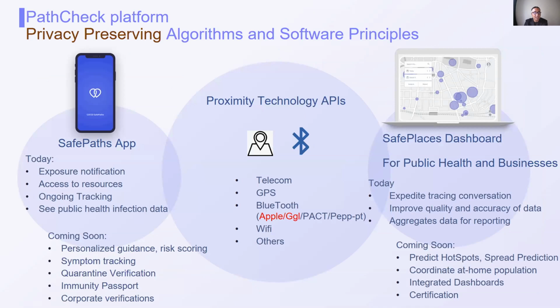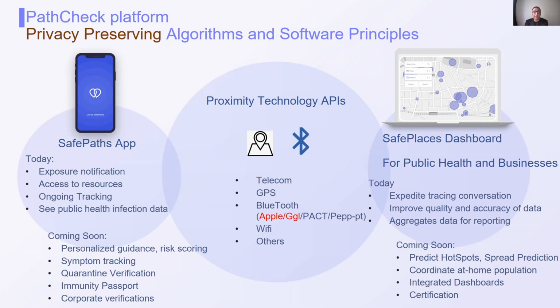So we launched a project called MIT SafePath with the NSF rapid funding. And so we appreciate the NSF support. And after working on that for some time at MIT, we launched a nonprofit called PathCheck Foundation. And over there, we're solving this two-sided problem, the app problem, as well as the dashboard problem.